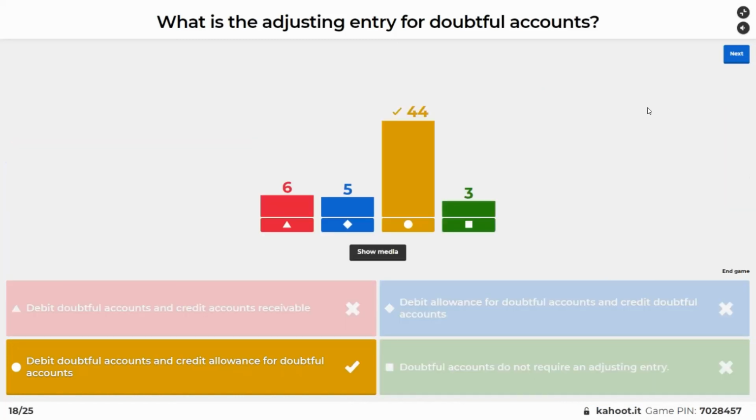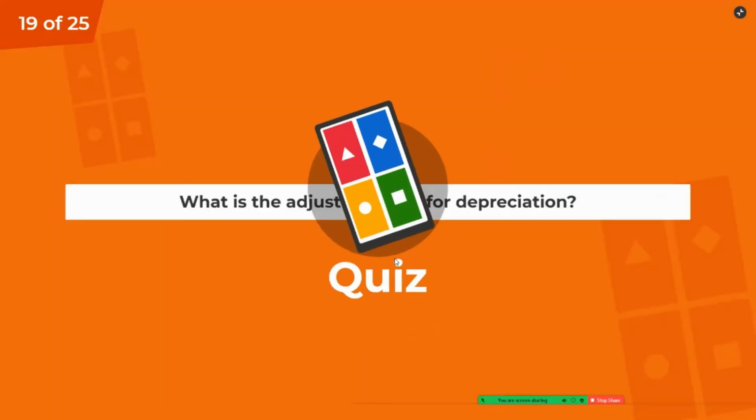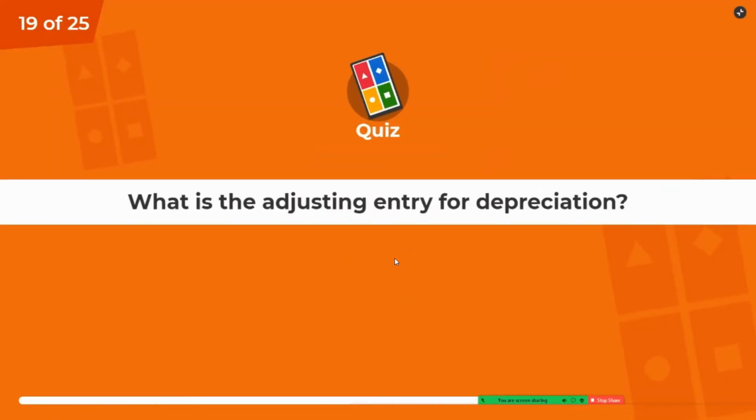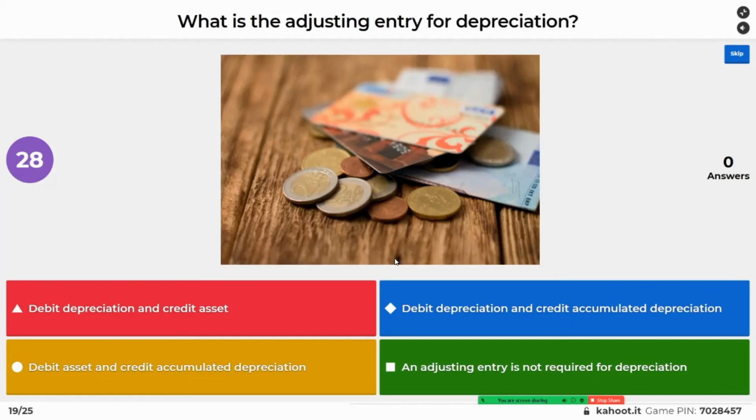Okay, so it's debit doubtful account expense and credit allowance for doubtful accounts. So the allowance for doubtful accounts is a contra account to your accounts receivable. Let's have question number 19. What is the adjusting entry for depreciation?